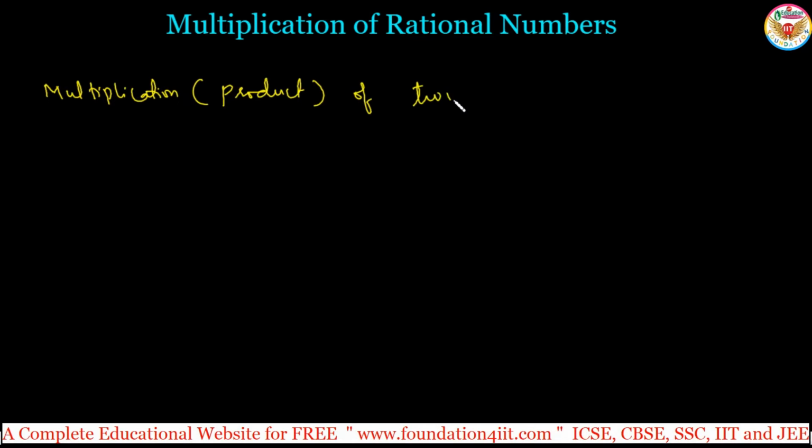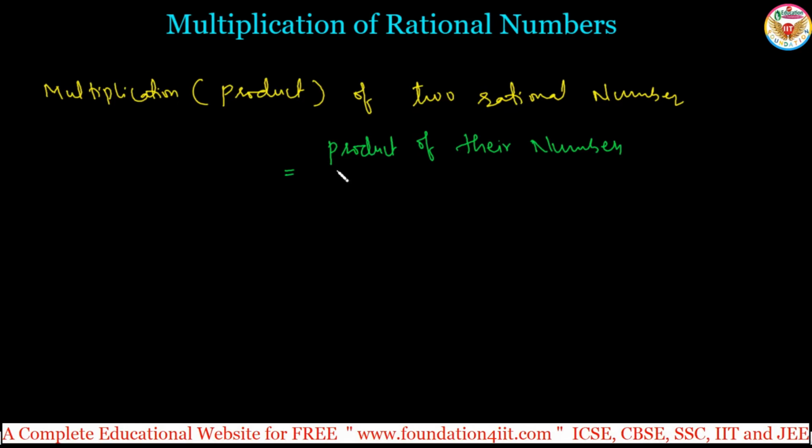If you want to multiply any two rational numbers, the simple technique is to take the product of the numerators, and divide by the product of their denominators.